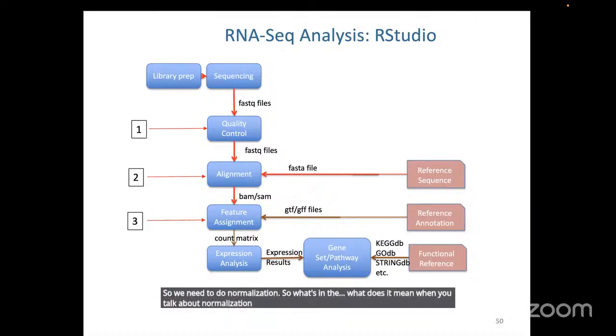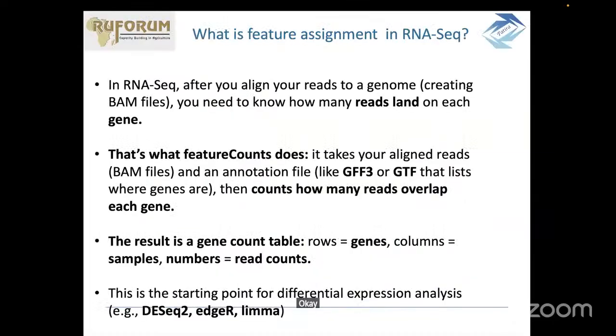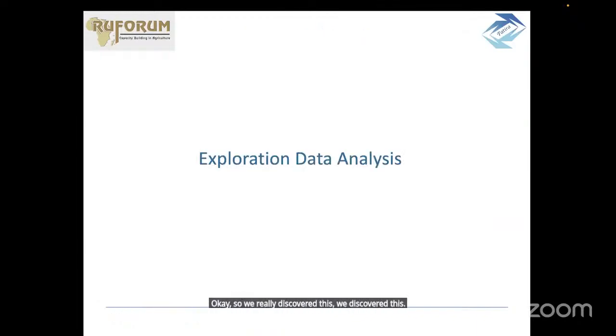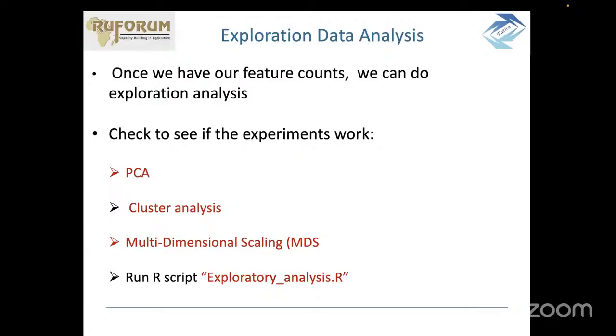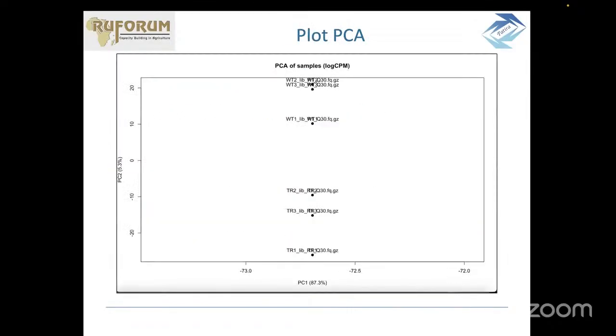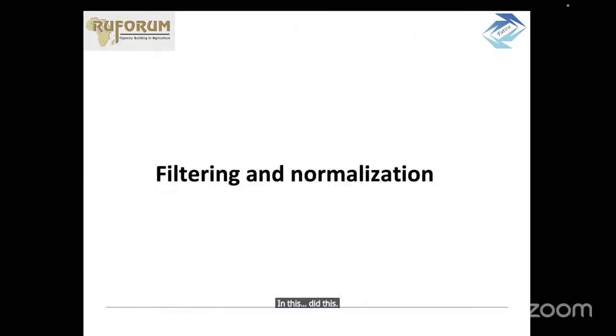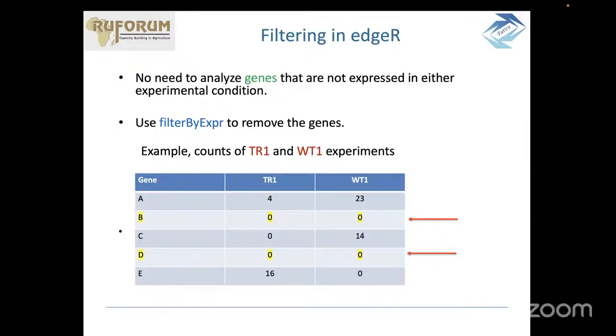You talked briefly about it in the video, but I'm going to talk more about it here. So we discovered this, we did PCA, did this, did this. Filter and normalization.